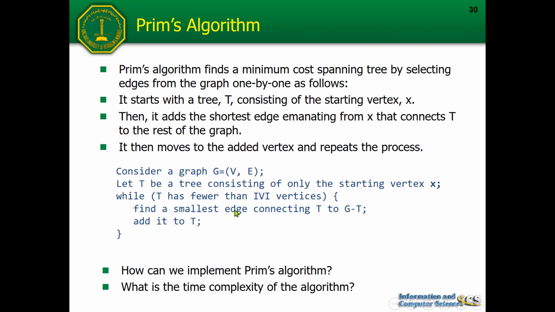Then we find the smallest edge connecting T to the rest of the graph. So G minus T means the rest of the graph not including T. Then we add that edge into T. We repeat this step until T contains all the vertices in the graph. This algorithm will be simple if we look at the example.